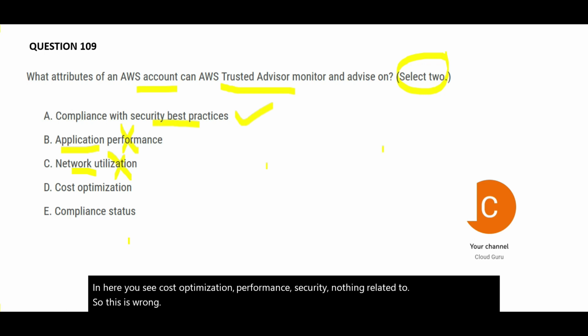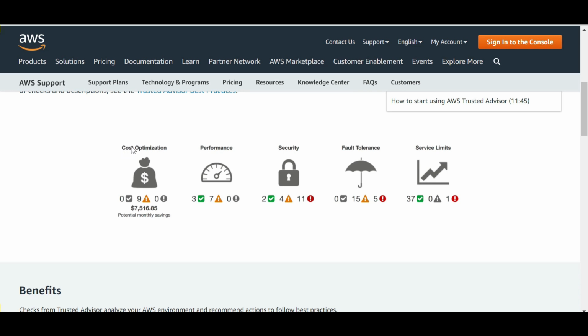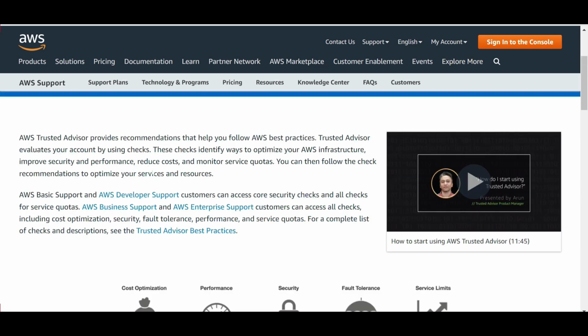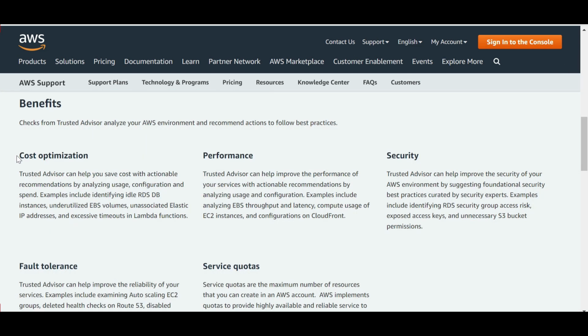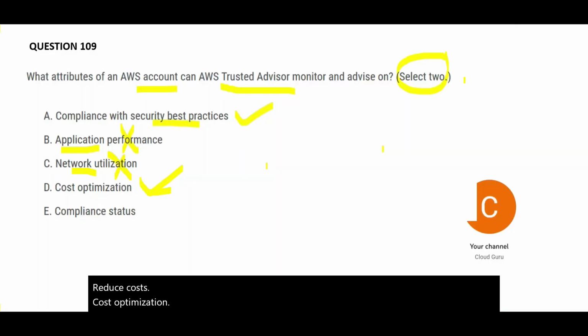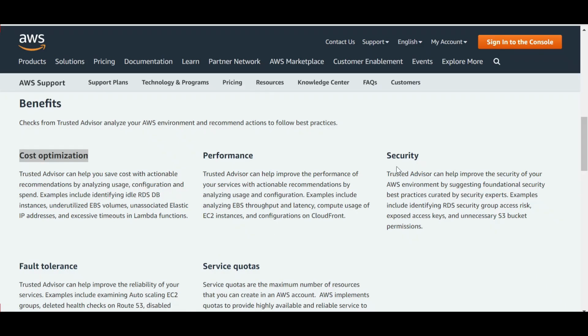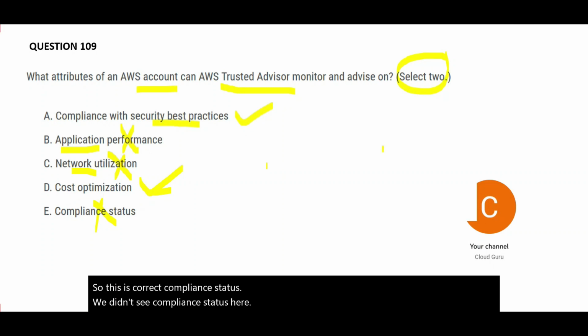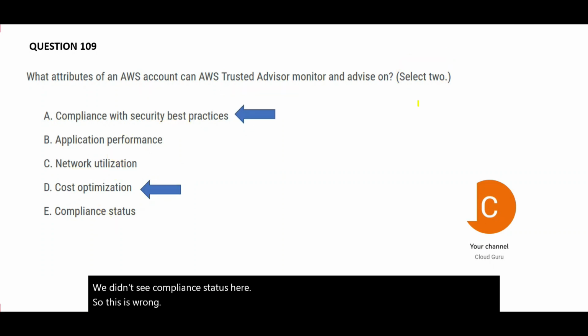Did we see cost optimization? Yes, here this is cost optimization, reduce costs. So this is correct. Compliance status, we didn't see compliance status here. So this is wrong. So here are our two answers.